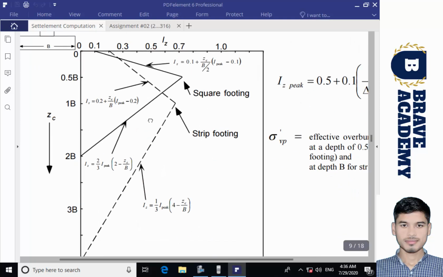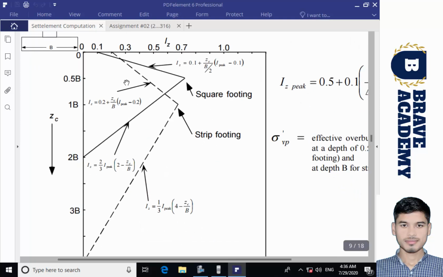You can see here when Zc equals 0.5, 0.5 is less than 0.5B, we will use this dotted line, as 0.5 is less than 1B. What is 1B in our case? 1B is 2.5, as our breadth equals 2.5.